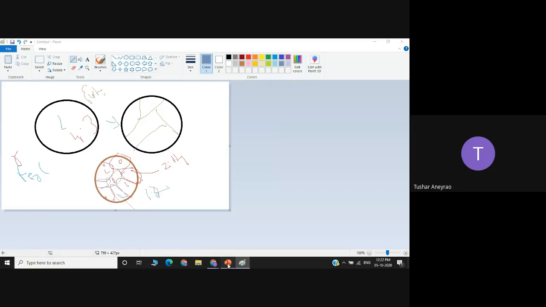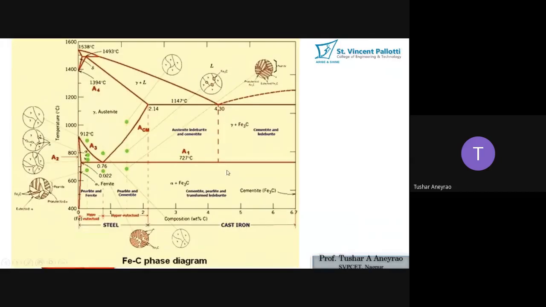So this is how the mechanism works here also. You can see here at this particular point you are getting austenite plus Fe3C crystals. I hope that you have understood this particular mechanism, how it is working.